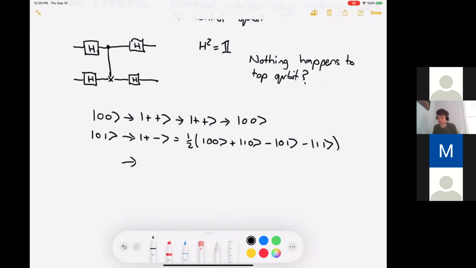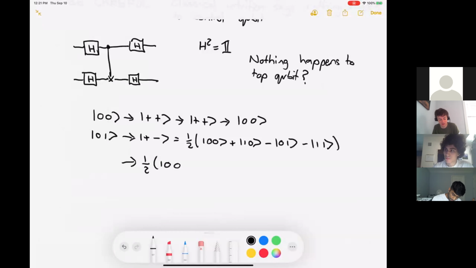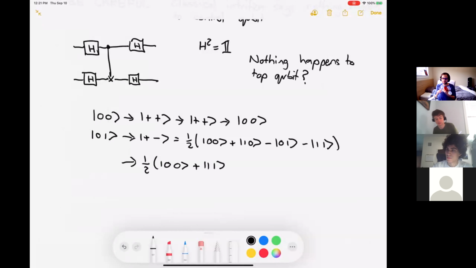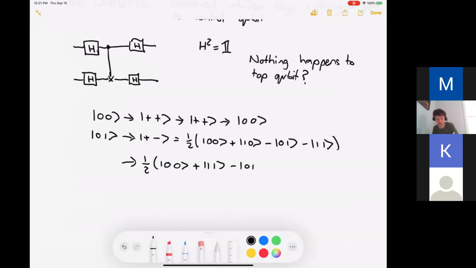Okay, so let's just write this out very explicitly. 0, 0 goes to, when I apply C naught. Come on, guys. 0, 0. Yep, 0, 0 stays 0, 0 because the first qubit is in state 0. What about 1, 0? 1, 1. Right, great. The first qubit's in state 1, so it gets flipped, so it goes to 1, 1. What about 0, 1? It stays 0, 1 because the first qubit is 0.